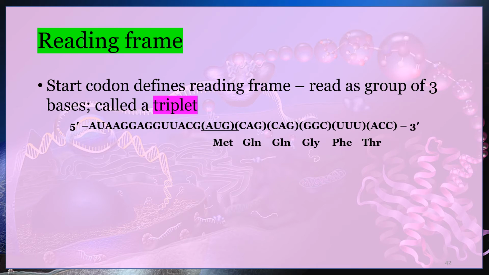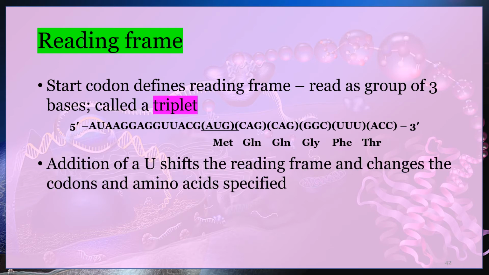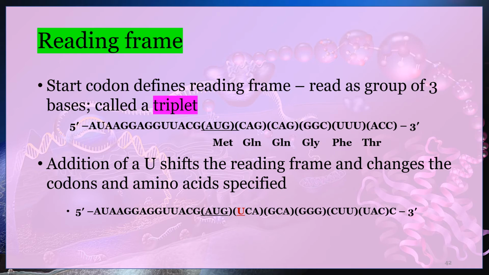That gives us the amino acids that are being made. The addition of a U shifts the reading frame and changes the codons and amino acid specificity. So here when we have changed U, we get all different amino acids because of it.